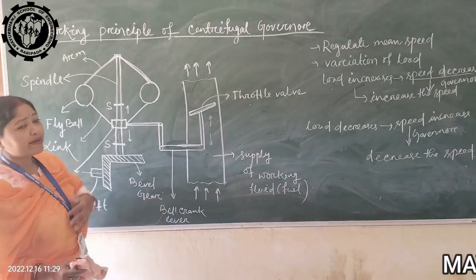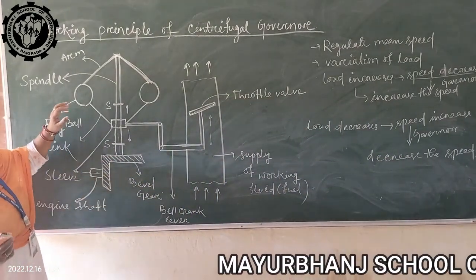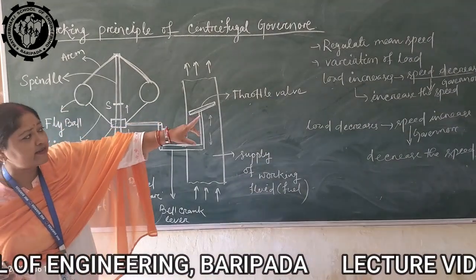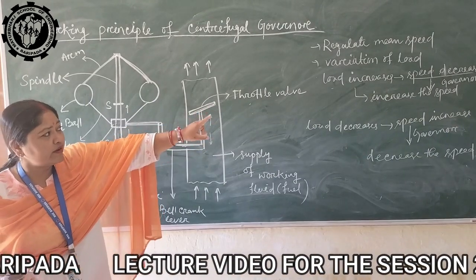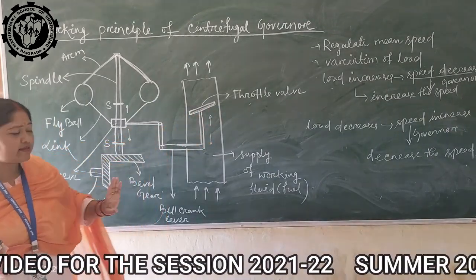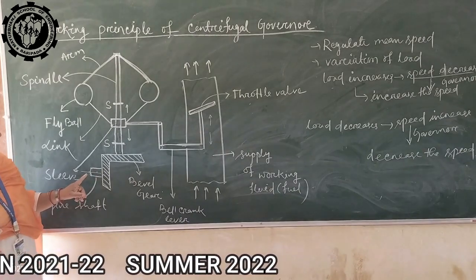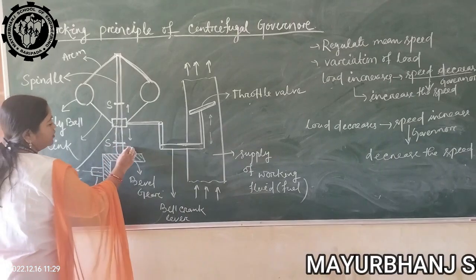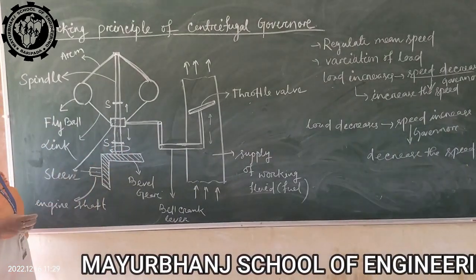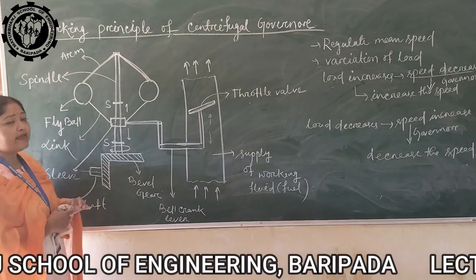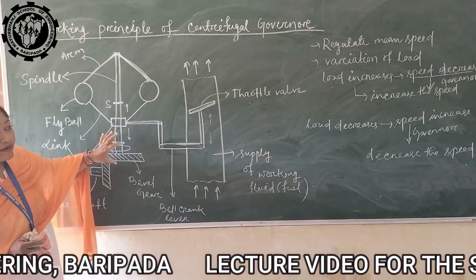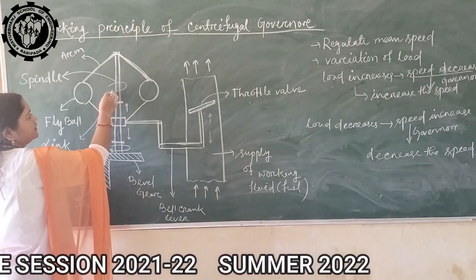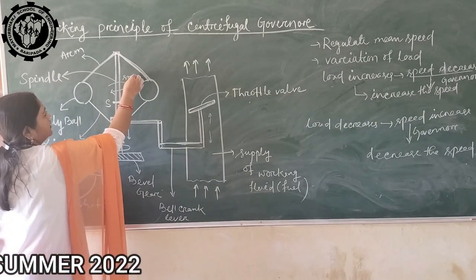So what is the mechanism behind a governor? When the load increases, the speed of the engine decreases. When the speed of the engine decreases, the speed of the shaft of the governor, or spindle, also decreases. So the spindle rotates at a smaller speed.